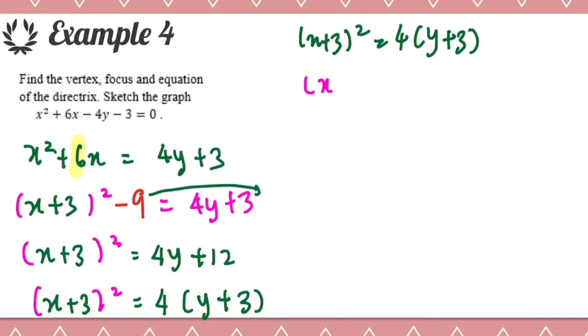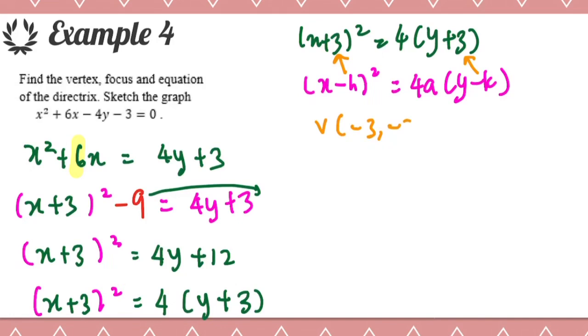Let's compare this with the general equation of a parabola, which is (x minus h) squared equal to 4a (y minus k). Why did I choose a positive 4a here? Because we don't have any negative sign. Now let us compare and take out our vertex.